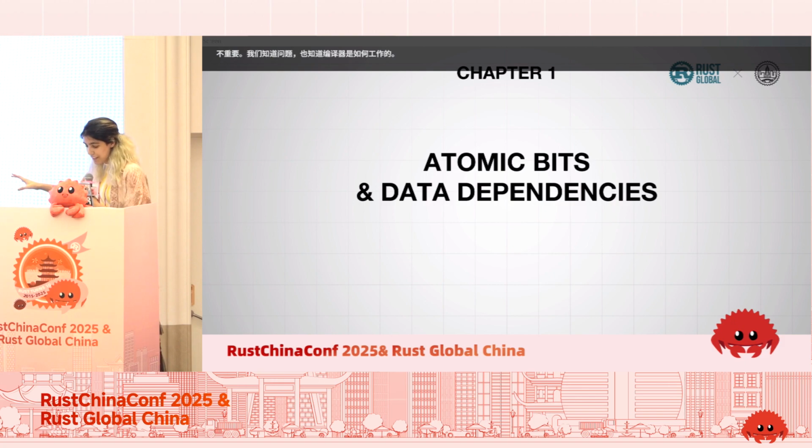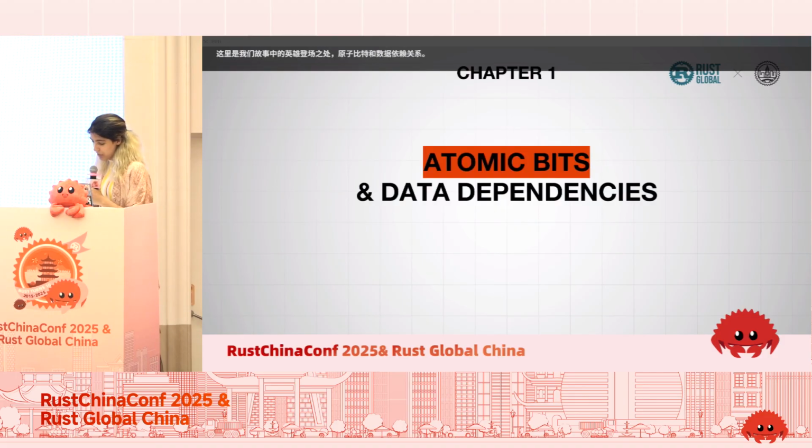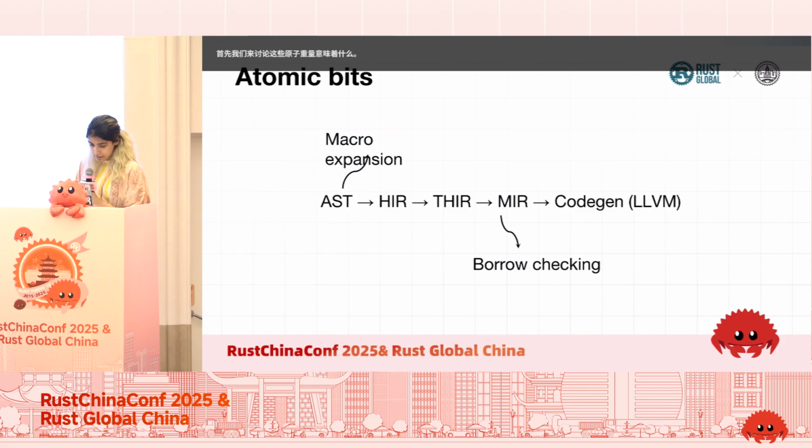Here's where we introduce the hero in our story, atomic bits and data dependencies. Let's first talk about what those atomic bits mean. These are little strings, directives, that we tell the compiler that represent what the target of our compilation is. So that means if we just need AST information, so the parsing information, we direct the compiler to only compute the AST and then exit.